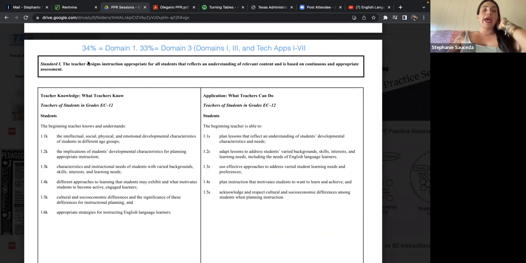So how important is it for you to understand standard one if 33% is 100% of domain one of standard one, and then a third of it, because there's 3 other things in here, a third of it makes up domain 3. It's almost like 40 something percent of your exam. Not almost, it's 40 something percent.